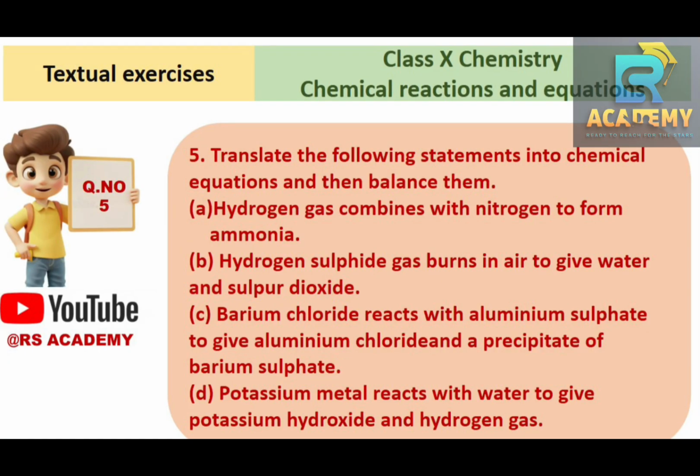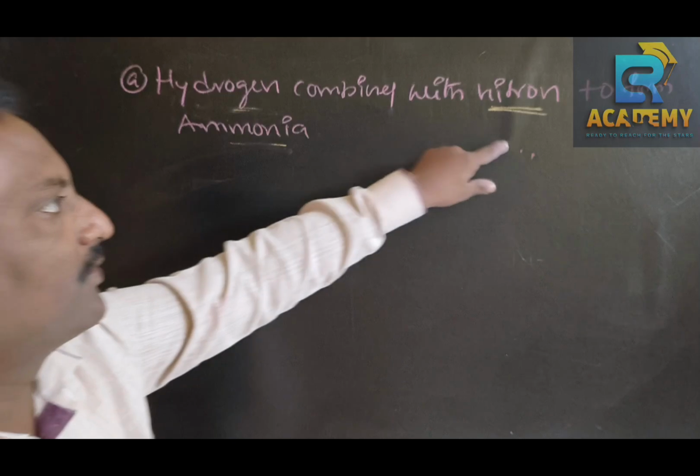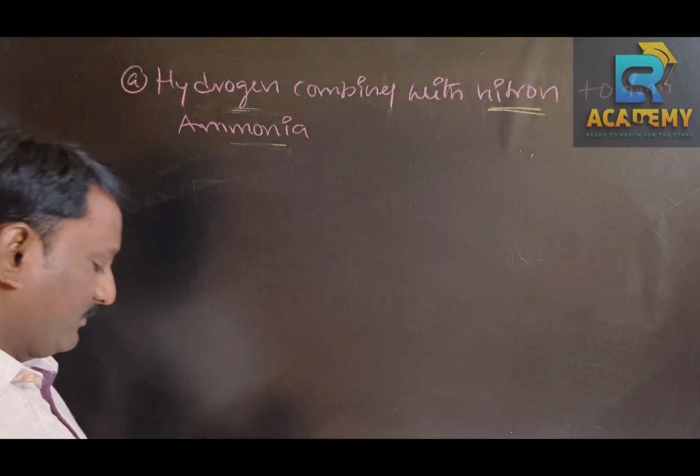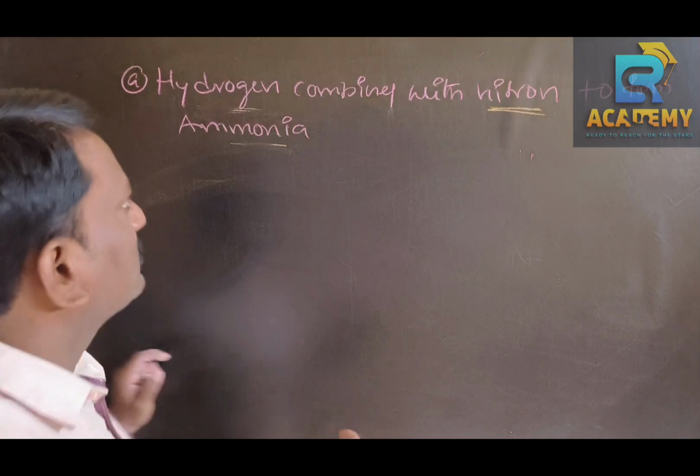Question number 5. Translate the following statements into chemical equations and then balance them. A. Hydrogen combines with nitrogen to form ammonia. Let us find out the reactants and products in the given statement.